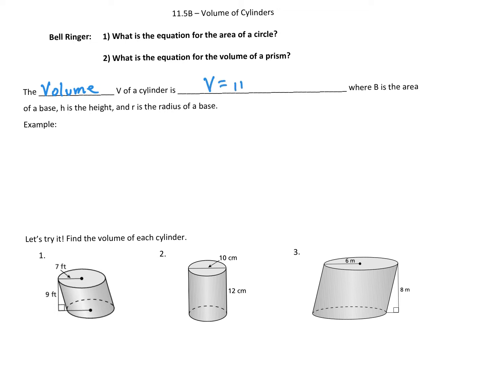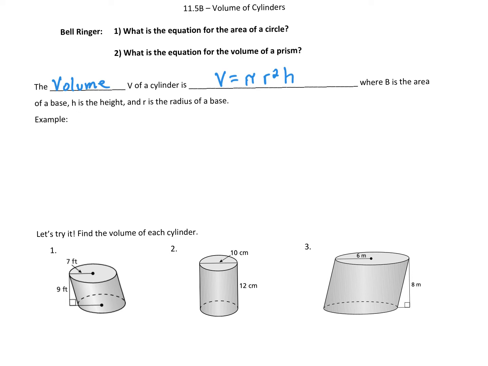V equals pi times r, our radius, squared, times h, where B is the base and h is the height. This right here is our base. And h is the height and r is the radius of the base.